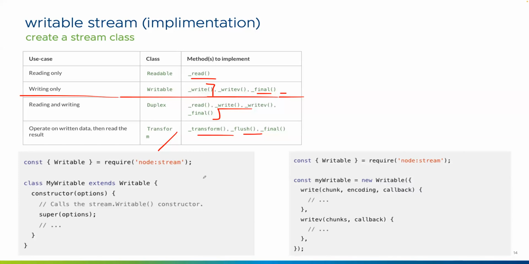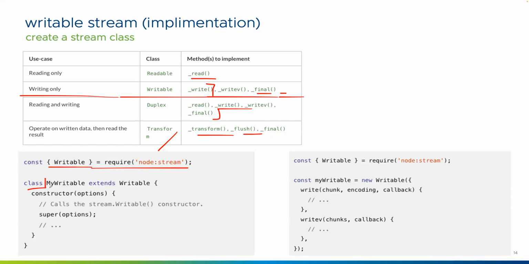There are three types of syntax to help you define your subclass. The first one is a pretty common one: you require writable and define your class by using the keyword class.